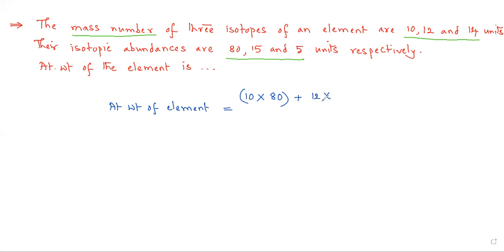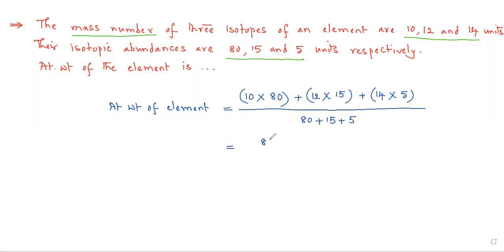Then that with the 12 has an isotopic abundance of 15. And that with the mass number 14 has an isotopic abundance of 5. By, of course, the sum of the isotopic abundances, that is 80 plus 15 plus 5. You just simplify this, you'll get the answer. Let us check.